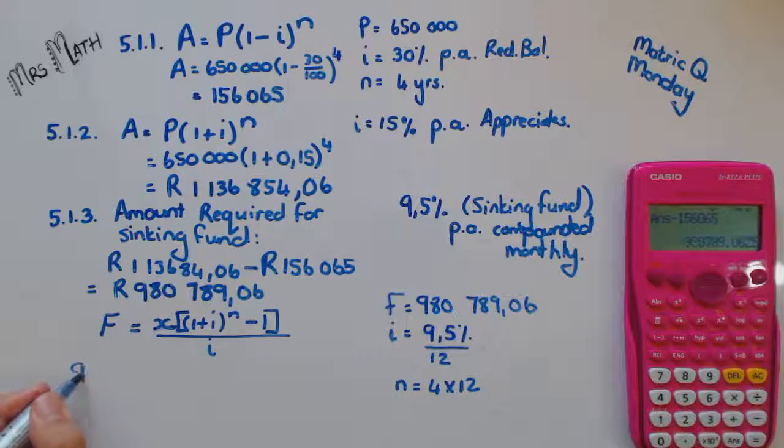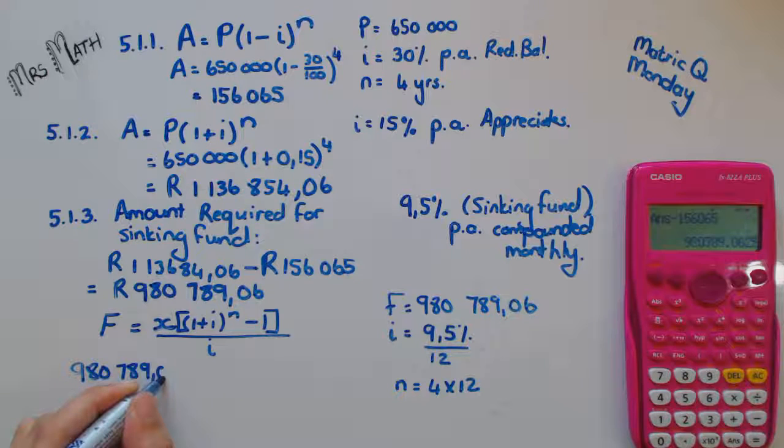Okay, so I'm going to substitute this. 98789,06 equals, I want to calculate the x. So 1 plus my interest, which is this, to the power of 48 minus 1 over my interest, which is this.